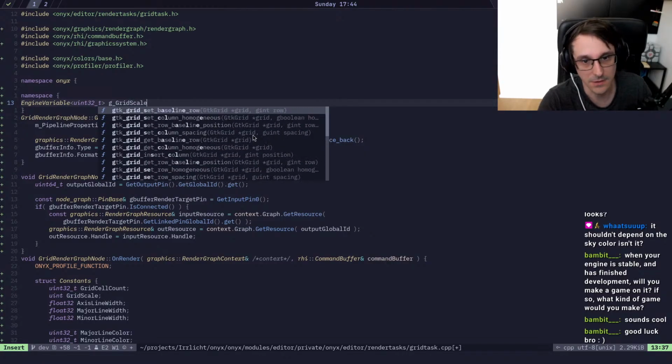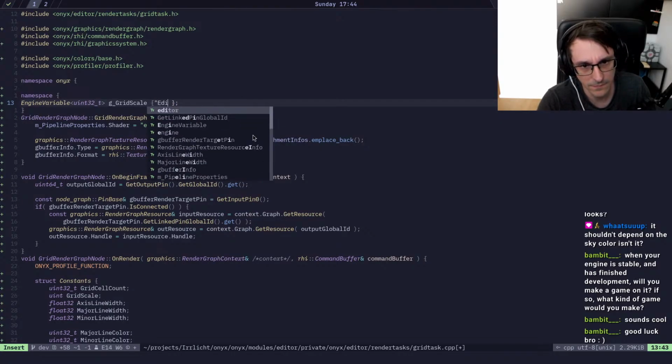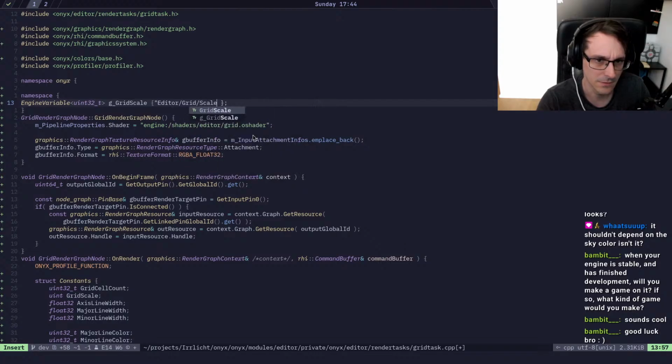Grid scale. So I think I need a name here. Is it like that? I forgot. Maybe.